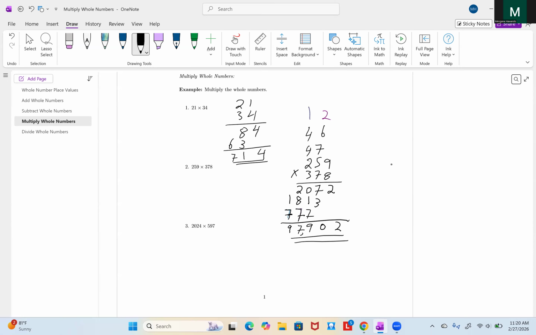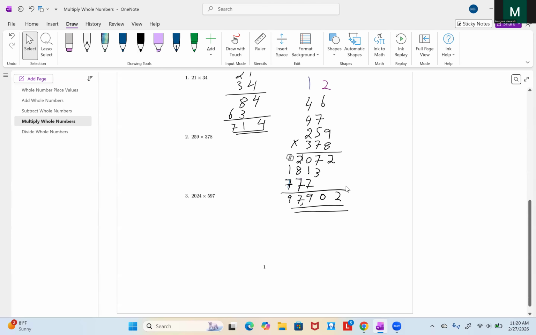The first result, we don't put it under the 2, but we move to the left by 1, and that's where we start. And when we're done with that, we multiply 3 by each of the digits. The first result we put down is not below the 3, but we move to the left one more place, and that's where we start.